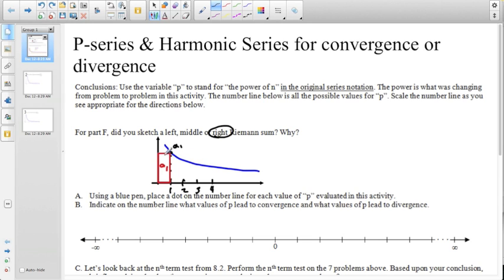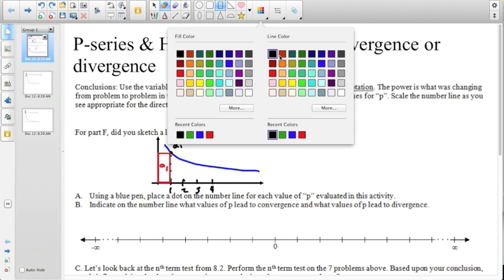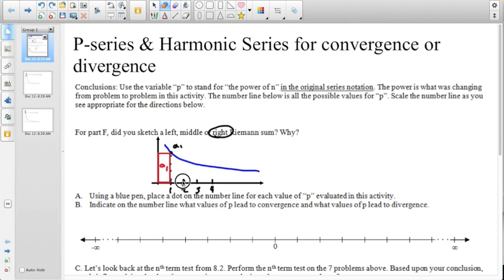The physical meaning of a Riemann sum, the actual sum of those boxes as we add them up, is going to be the sum of our series.